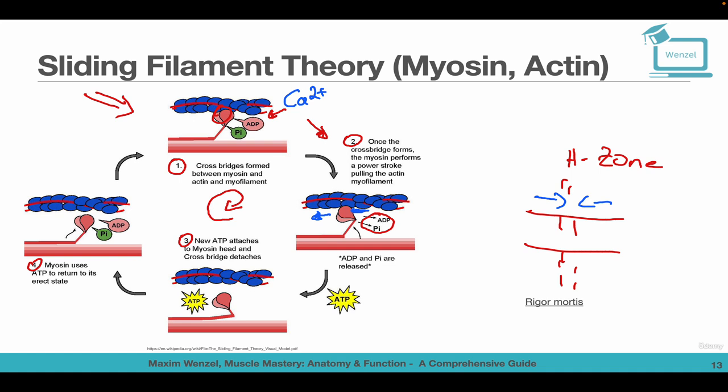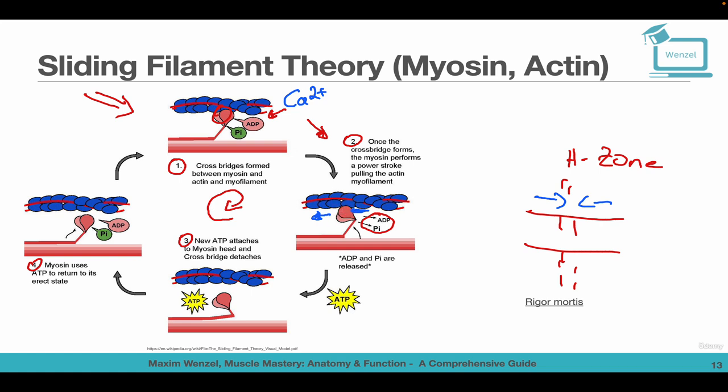At the next part, we will have the release of ADP and Pi and the ATP role. After the power stroke, ADP and Pi are released from the myosin head, which you saw here. This release results in a rigor-like state, and the myosin head remains attached to the actin. This is so important, and I think it's so amazing, because many people think that if there is a contraction and ADP and Pi are released, the myosin head will release from the binding site.